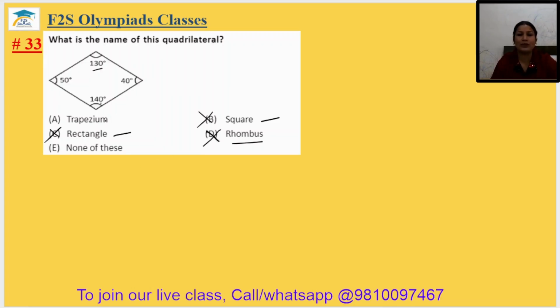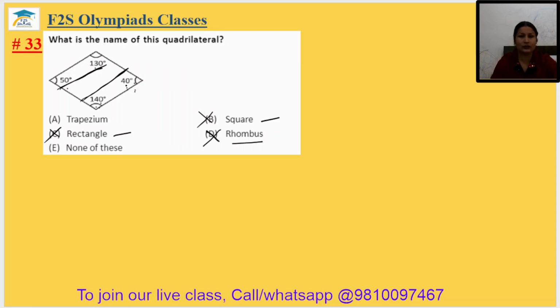Now just come to the trapezium's condition. Trapezium's condition is saying the adjacent angles, you can say that these two angles should sum to 180 degree. So 130 plus 50, 180 degree. 140 plus 30. The pair of one adjacent angles should be 180 degree. So it is coming 180 degree. And the other two sides will not be 180 degree.